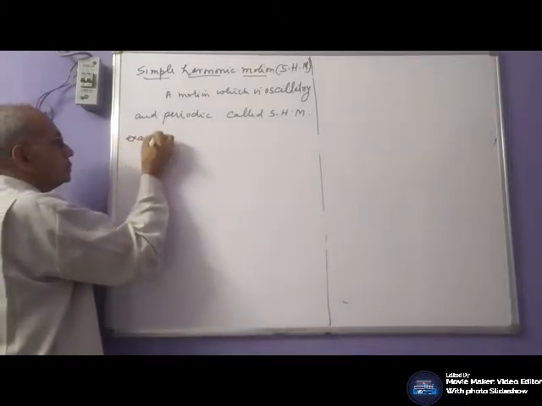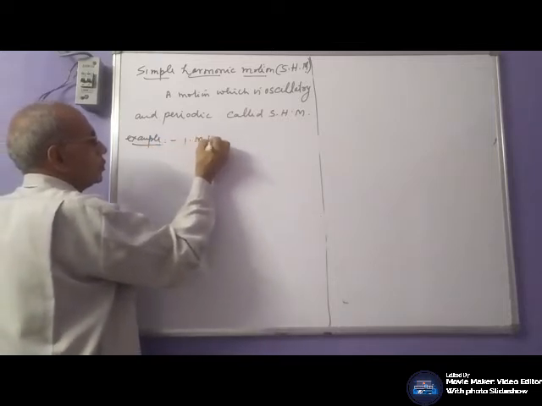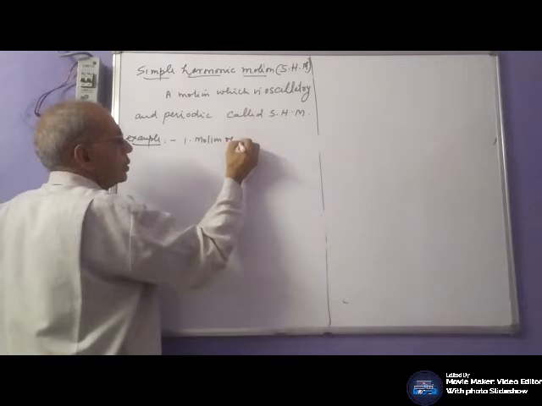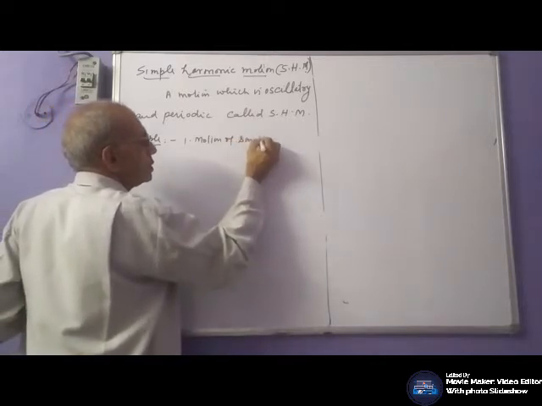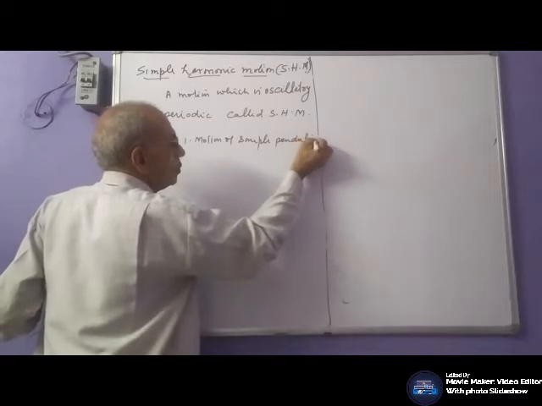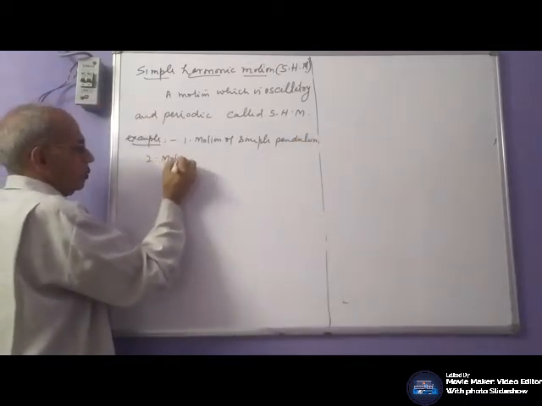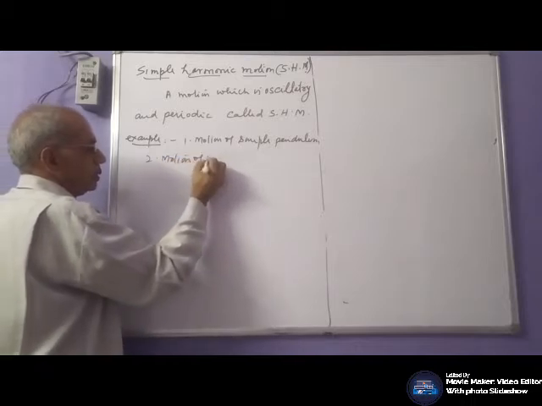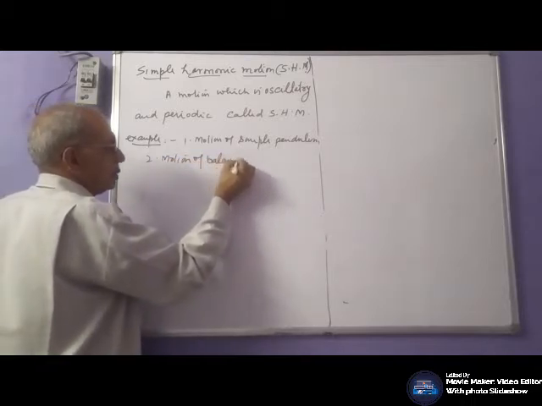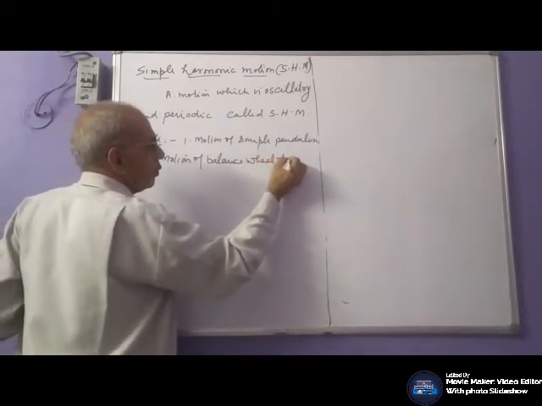Example: motion of a simple pendulum, motion of the balanced wheel of a watch, motion of liquid in a U-tube.